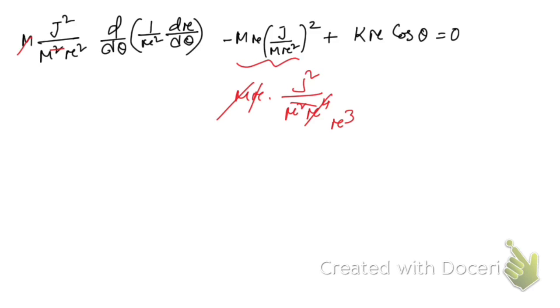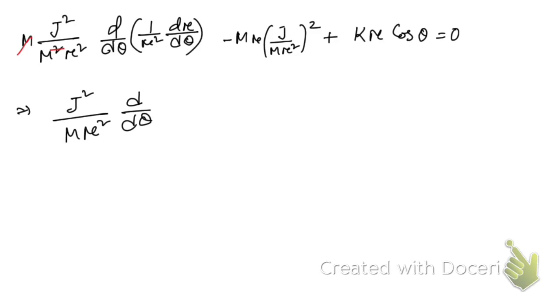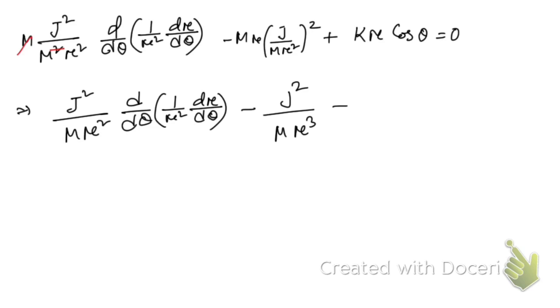So this term is going to be equal to j square by m r cube. Hope you have understood this. So now the final equation will be of this form, j square by m r square, then minus 1 by j square, minus j square by m r cube plus k r cos theta. So this is the required equation of the orbit.